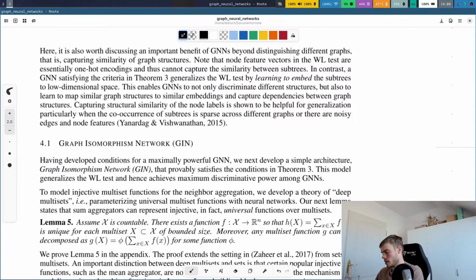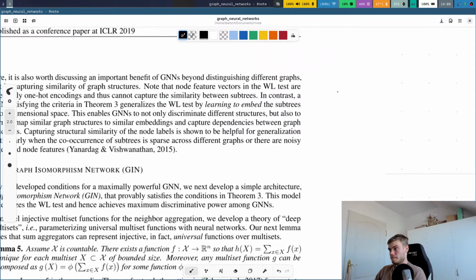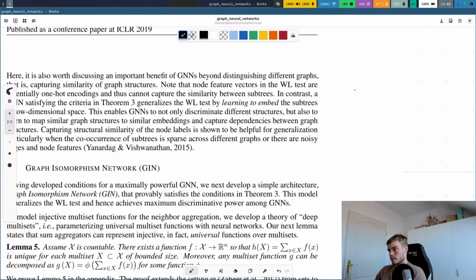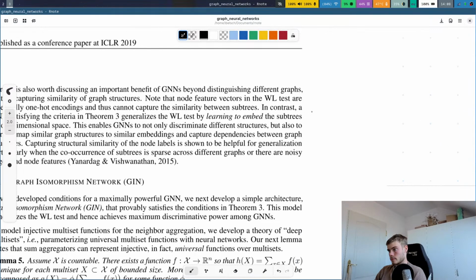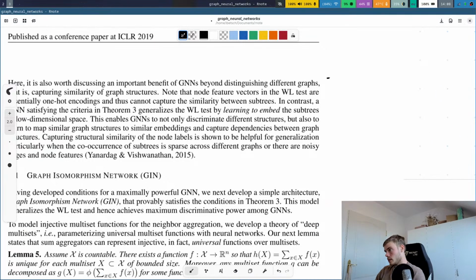Okay, this I didn't really understand. But this probably also comes from not understanding the WL test.